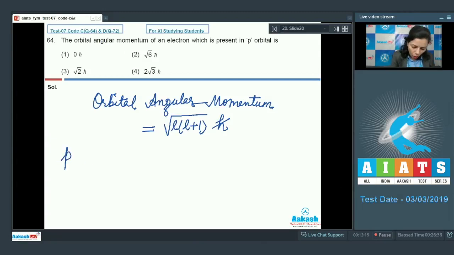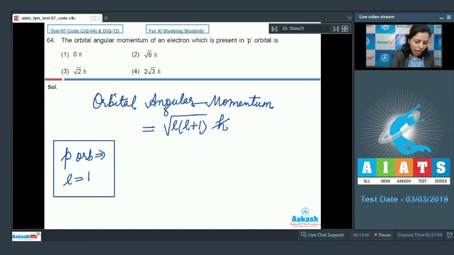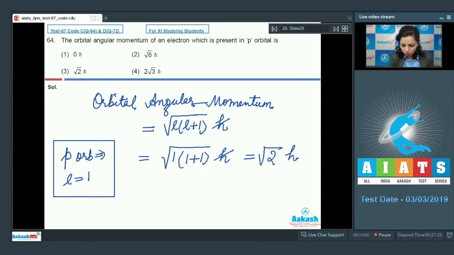If it is given that p orbital is there, for this orbital, the value of l is 1. If you have the value of l, you can easily find out the orbital angular momentum in this case. That would be equal to root 1 into 1 plus 1 h cross, in this way. So that would be equal to root 2 h cross. It's given here in option 3. So choose option 3 as your correct answer to get the marks for this question.